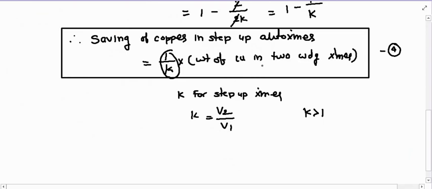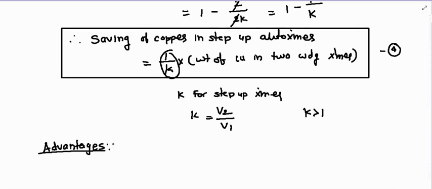Let us see, from the derivation, what are the advantages of auto transformer. What is the first advantage? Weight of copper required for auto transformer is always less than that of conventional two winding transformer that we have seen in the previous lecture. As the weight of copper required is less, this transformer will be comparatively cheaper than a two winding transformer.